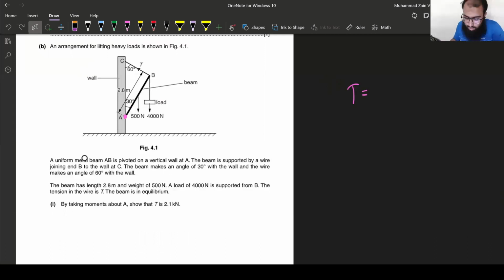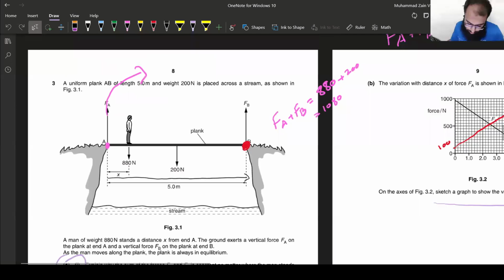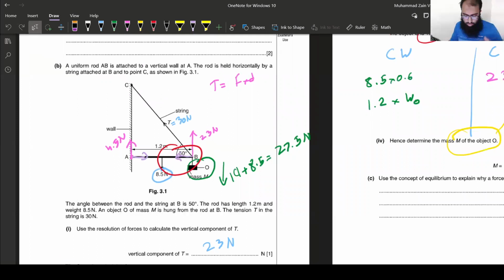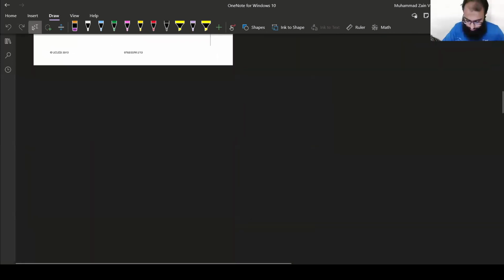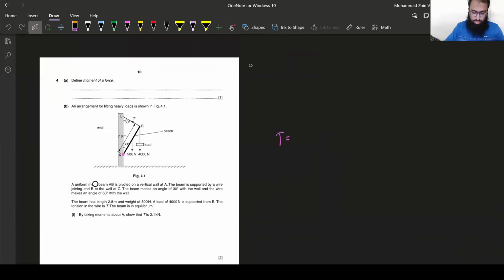I didn't exactly understand what you were trying to say. Was the tension, the force T, passing through the pivot? No, it wasn't, but we still resolved it into its components. The reason we resolved it was that we need force times the perpendicular distance between the force and its line of action.